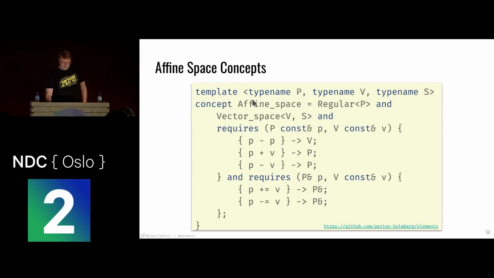So we have a concept, affine space, that takes a position, a vector, and a scalar. And we say that the position must be regular, and V and S must define a vector space that is defined elsewhere. And with this, we say that if we have const positions and const vectors, we can have these operations that Adi showed earlier. And also, if we have non-const position, we can modify it with vectors.